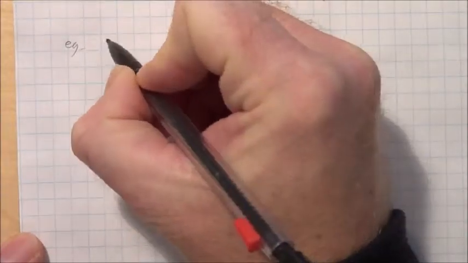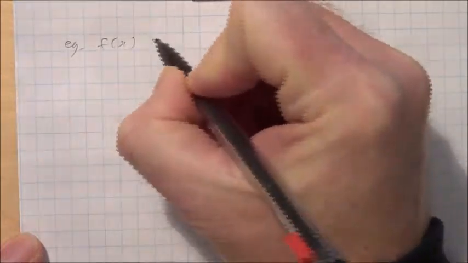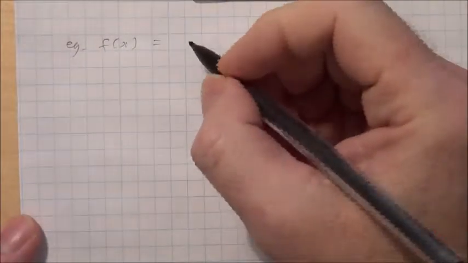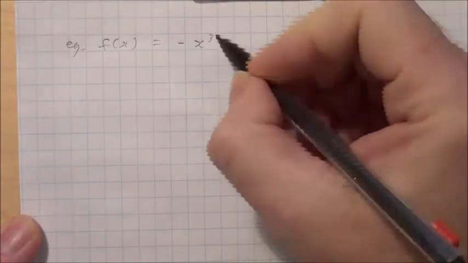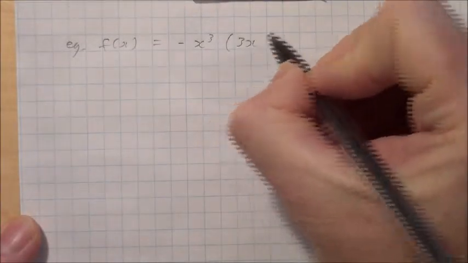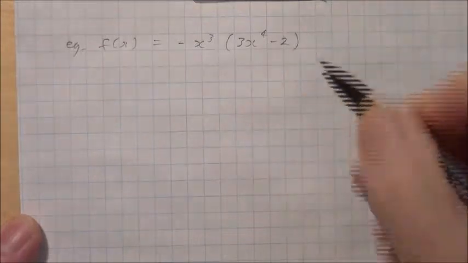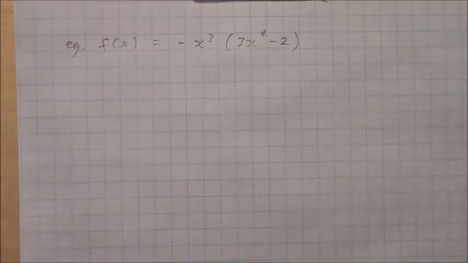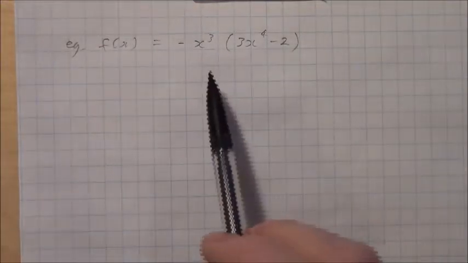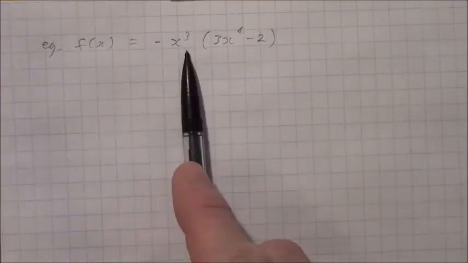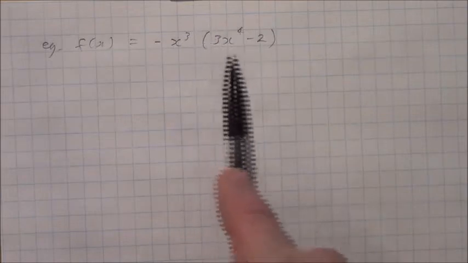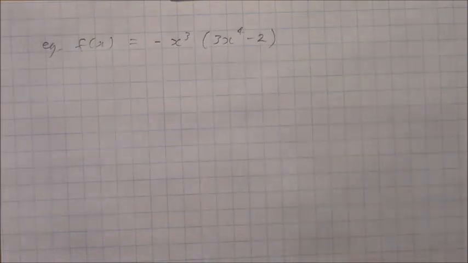Let's take a look at the function f of x being negative x cubed multiplied by 3x to the power 4 minus 2. Here's our u of x, negative x cubed, and here's our v of x, 3x to the power 4 minus 2.